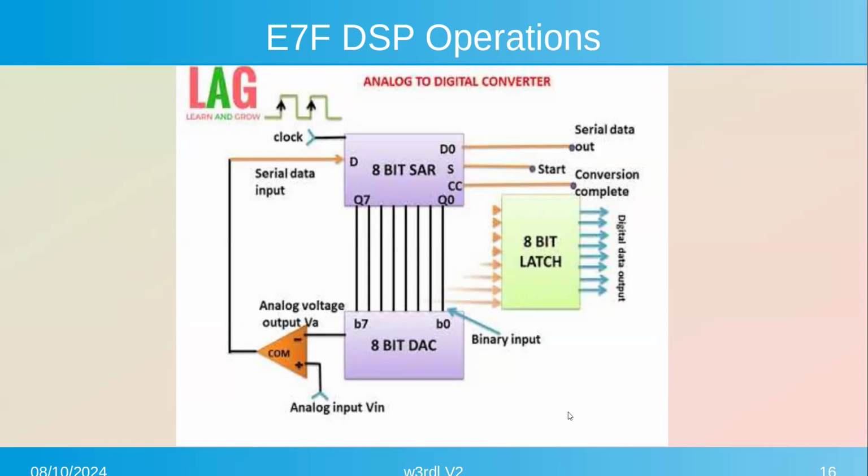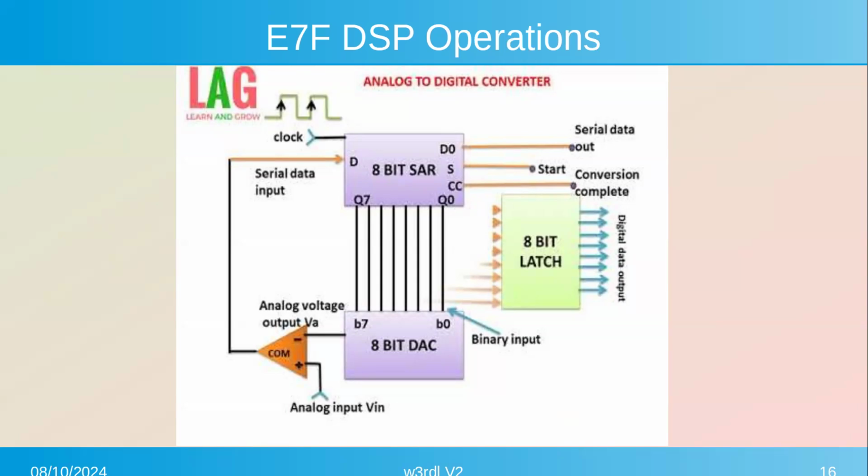This is showing one type of analog to digital converter. It's called a successive approximation, where you start off and basically you feed it a 1 at the most significant position and compare that with your analog input signal.